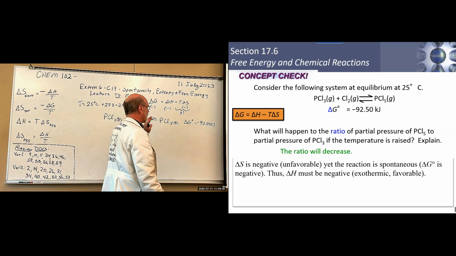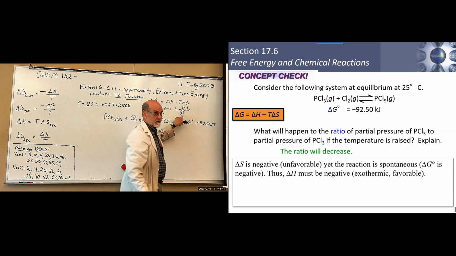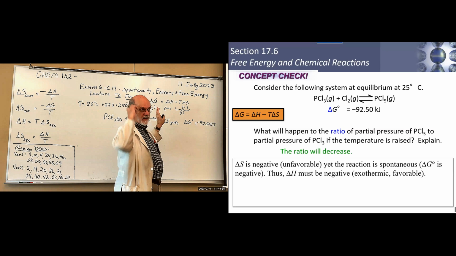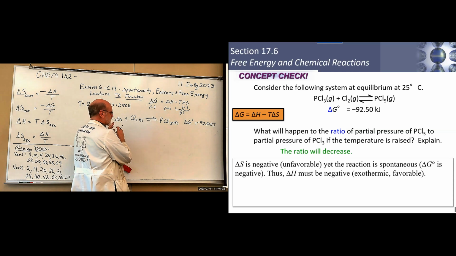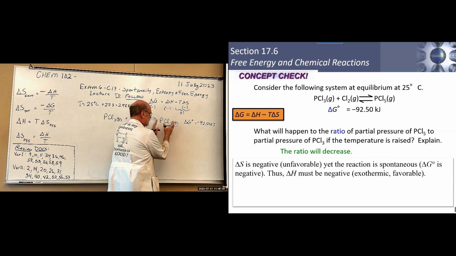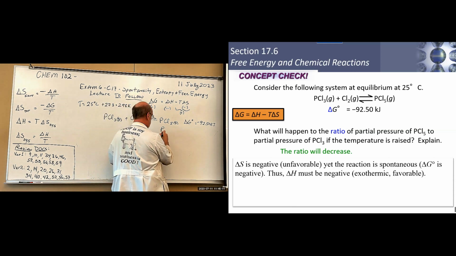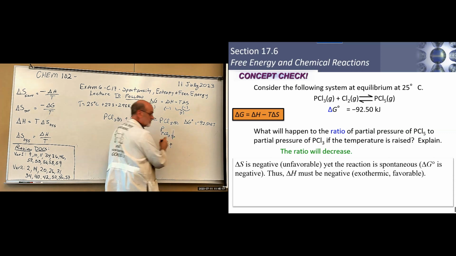Now, if we increase the temperature, what happens to the overall equation? Well, if we increase the temperature, this positive is getting bigger, which means it becomes less and less spontaneous until at some point the temperature gets so high that this shifts to a positive and now it's not spontaneous anymore. So on the way to non-spontaneous, we go through a series where the product is less favorable to be produced. So the partial pressure of PCl5 decreases as temperature increases.